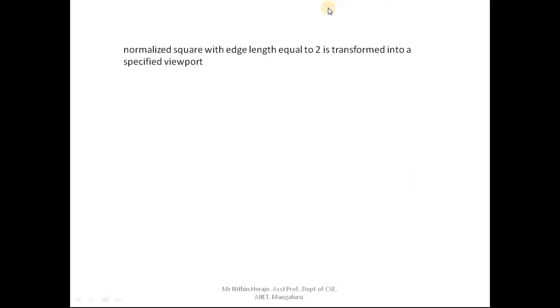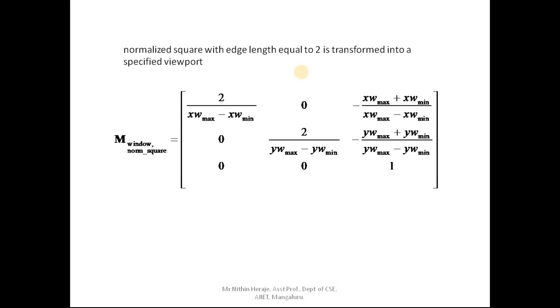So the normalized square with the edge length equal to 2, as I already said, is transformed into a specified viewport. Okay, so you can view this matrix here. This is from window, that is world window, to normalized square. Since the edge is 2, we are getting this as the matrix over here.